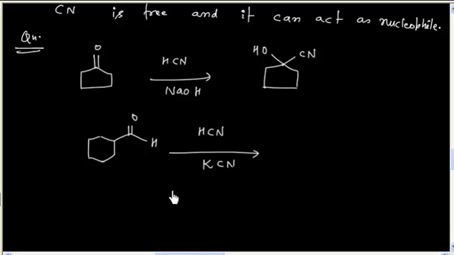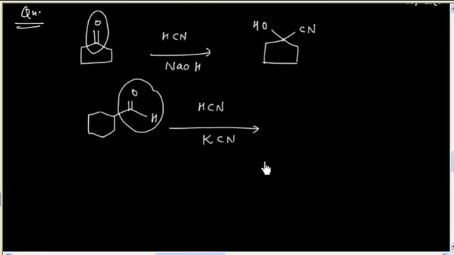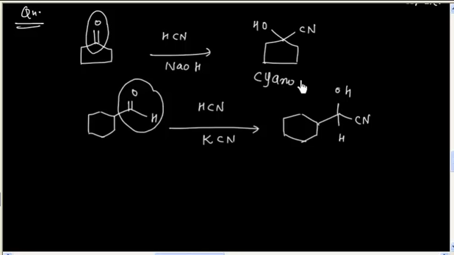What will be the product in this reaction? This time we have an aldehyde. Initially we had a ketone. So once again we will have cyanohydrine formation. So this is cyanohydrine.